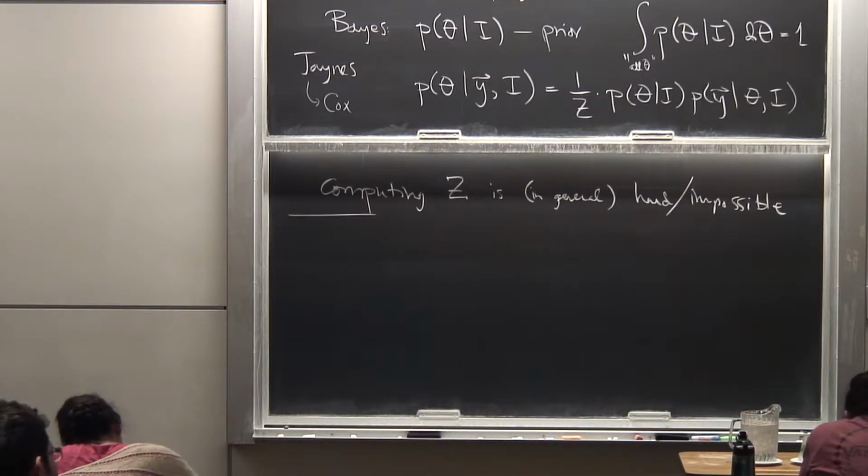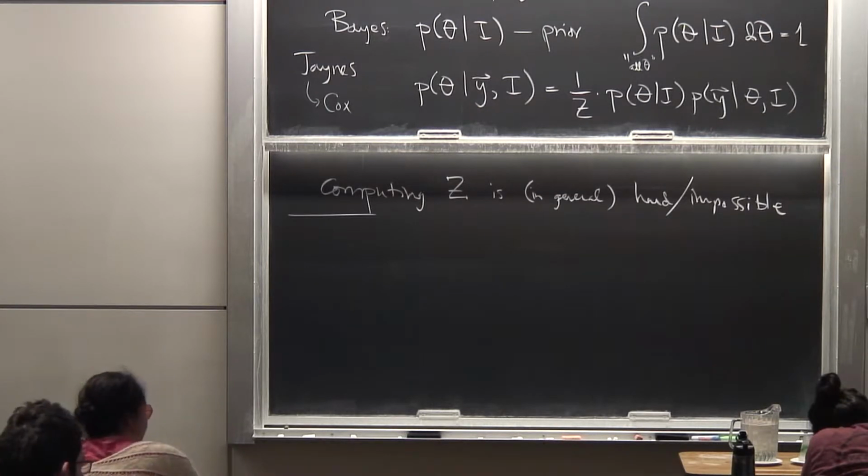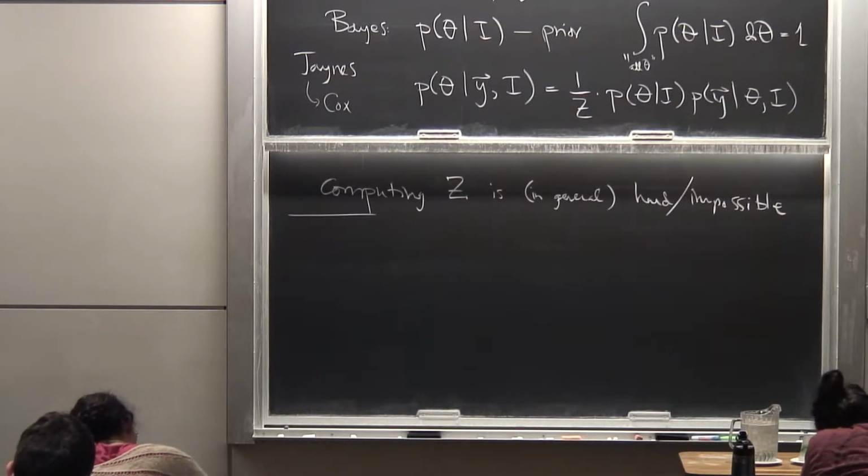Some function of the parameters times p of the parameters given y comma I. This is some random function, and this is my posterior. And I'm integrating over the whole parameter space, or even some subpart of the parameter space.